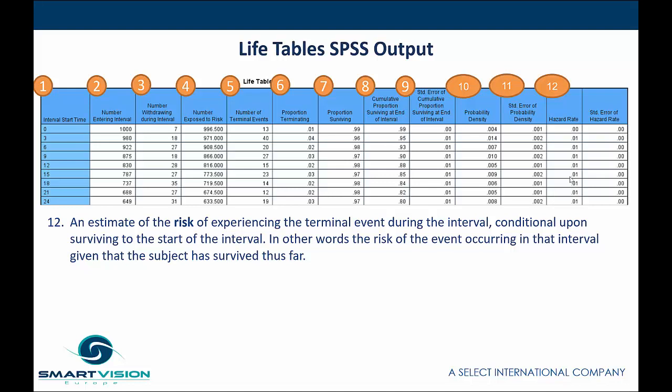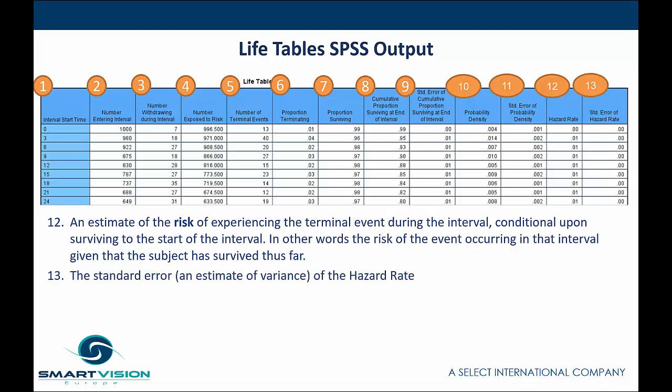So we're saying there's roughly a 1% chance here, given the fact that you've got to the 18-month interval. So it's slightly different from the survival rate, which is just how many have survived to that point, or the cumulative survival rate, which is just the cumulative version of that. It's actually saying, given that you've survived that far, this is an estimate of the risk of you churning, of the terminal event occurring.